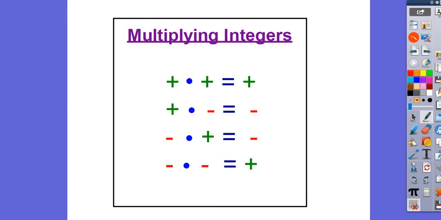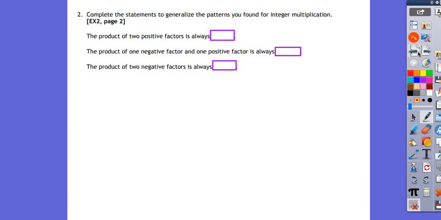Okay, let's take a look at number 2. We can use that sticky note to help us. It says the product of two positive factors is always what? Positive. When I multiply two positives, it's going to give me a positive answer.